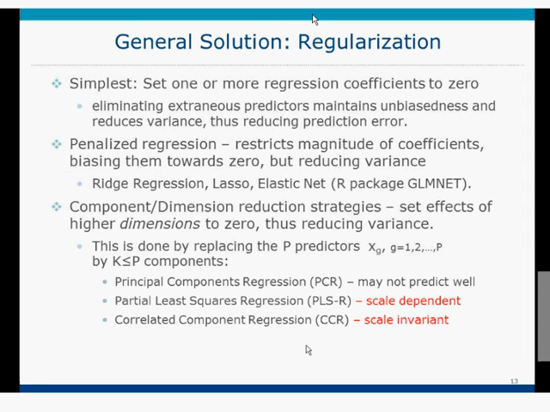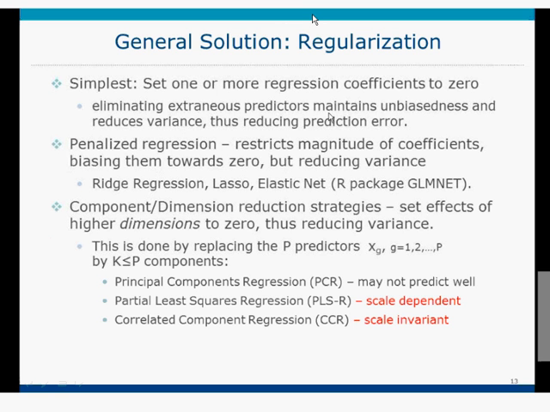So again, the general solution to this problem is regularization. The simplest way to obtain a regularized solution is to set one or more regression coefficients to 0. However, it's difficult to determine which ones should be set to 0. But I just want to mention that that is a regularization approach. So if we eliminate extraneous predictors, that means the true regression coefficient is 0. We eliminate it.